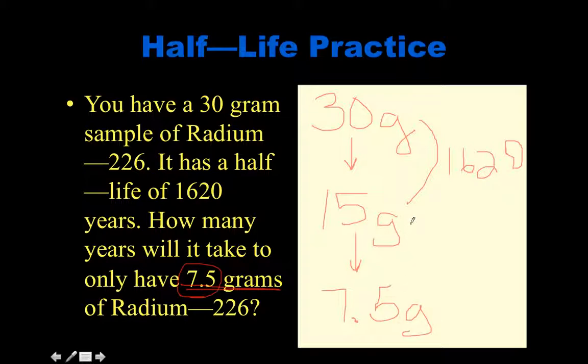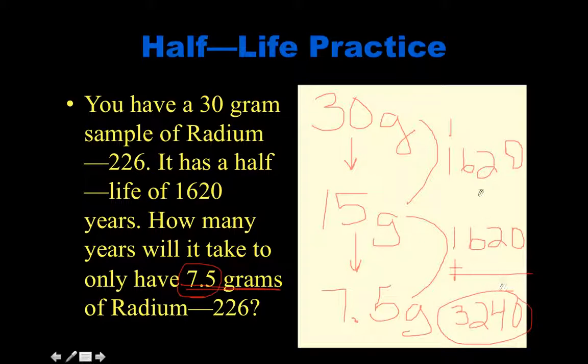But to go from 15 to 7.5, again, we went through 1,620 years. Now, to know how many years total, just add up how many times you did this, okay?